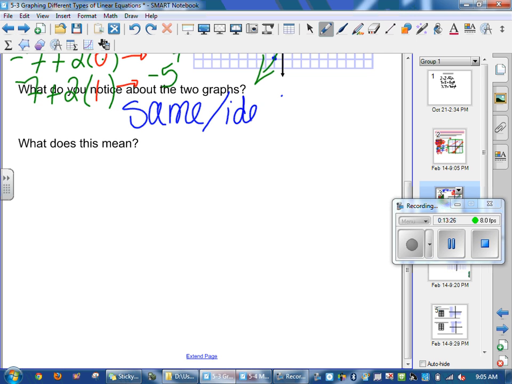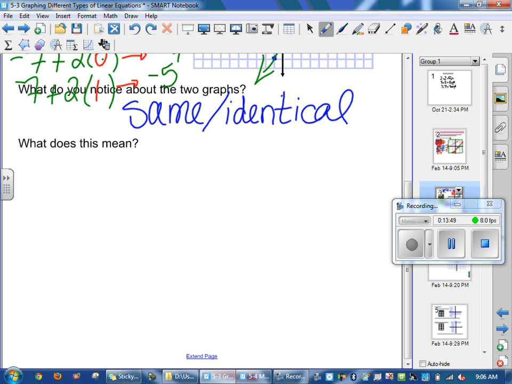And what does that tell us about those equations that graph those lines? The equations were the same. They didn't look the same to begin with. So what did that tell me to do? What does that say about the equations? Were they written the same way? No, they weren't.